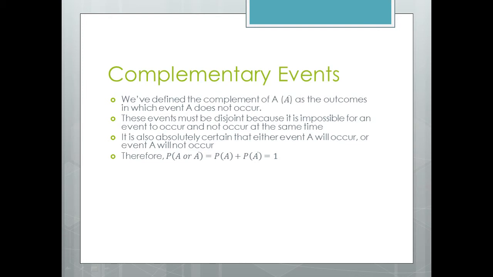Knowing this, the probability of event A or event not A happening is adding up those two probabilities, and the sum of those will always be 1. No matter what event you're talking about, the probability of an event happening plus the probability of the event not happening will always be 1.